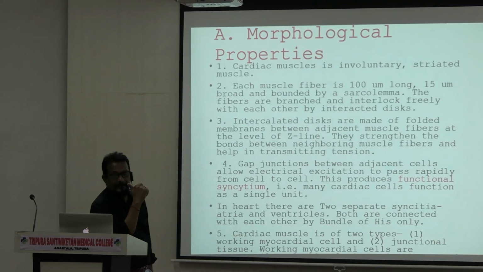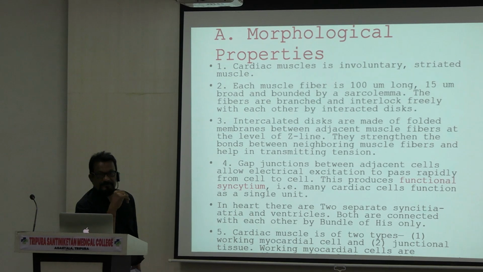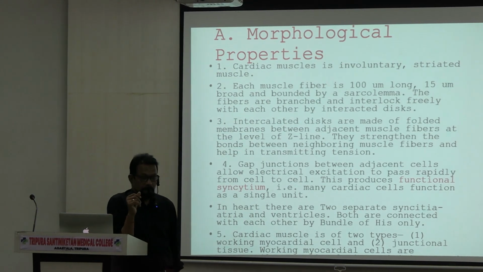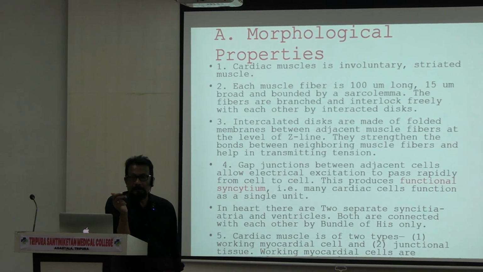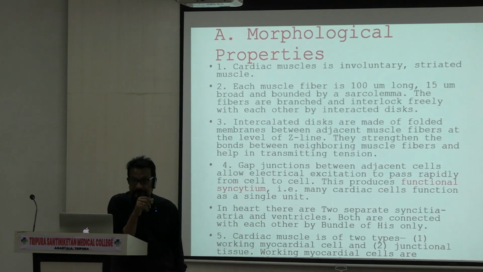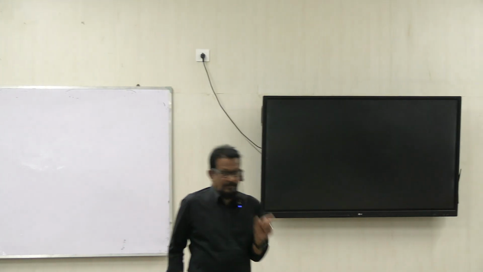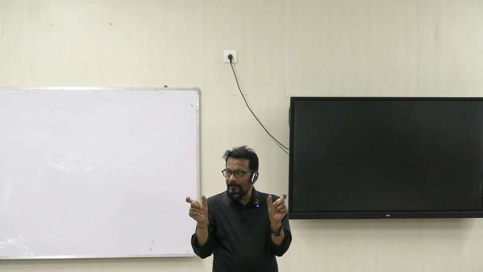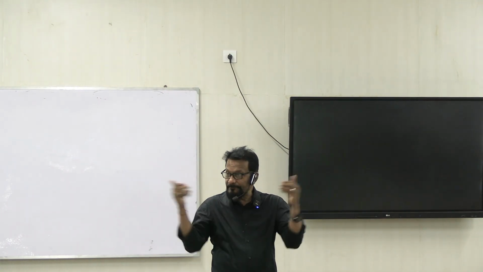What is there in the intercalated disc? There is presence of desmosomes and gap junctions. What is the purpose of connecting the cardiac muscle cells together? What is the utility?